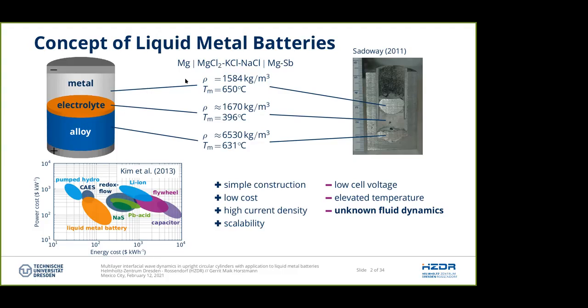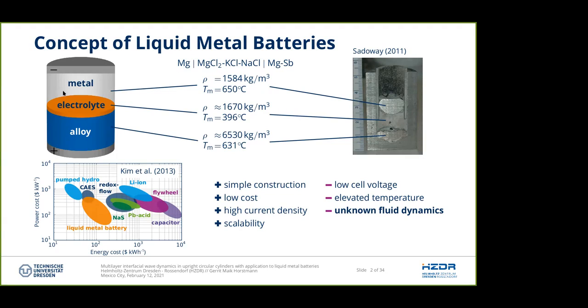For example, as in this example, we can use magnesium and combine it with antimony and some suitable molten salt in between. And if you operate at high temperatures, then everything is liquid, and we have a quite efficient battery, because the entirely liquid interior has many advantages.